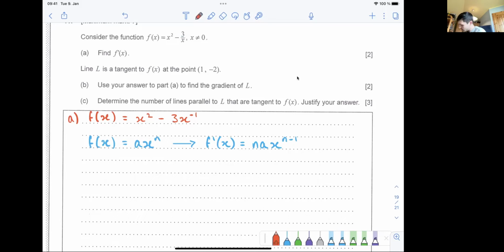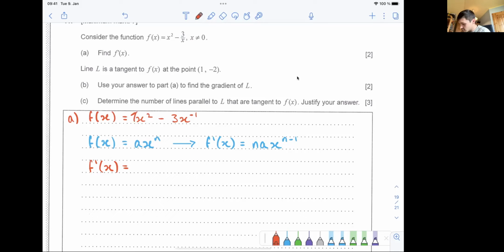If I apply that to our original function, I should note that you do this to every term of the function. The function could be lots of terms, a long polynomial, and you apply this rule to each term. For this one, I bring the power of 2 to the front and multiply it by the coefficient of x squared, which is just 1.